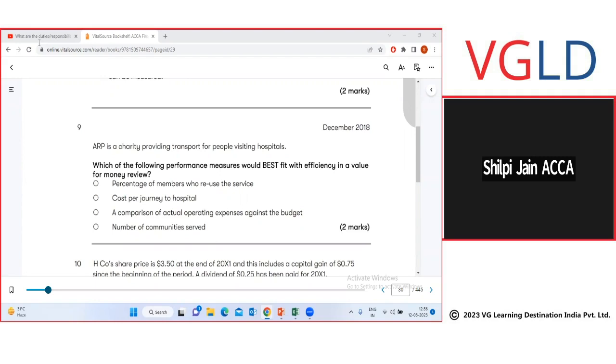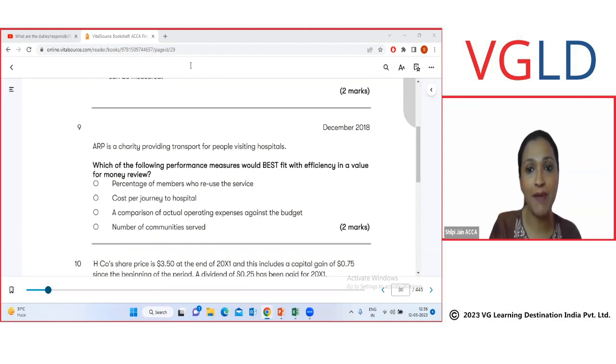Okay, so yes, when we are looking at efficiency as a parameter, the best fit is certainly cost per journey to the hospital. How do we reduce the overall cost per journey to the hospital, making it more efficient from the organization's perspective, right? I hope everybody got that right. Percentage of members who reuse the service. Reusing of service is not going to be efficiency from the hospital's perspective, right?